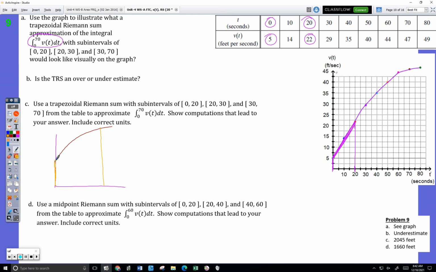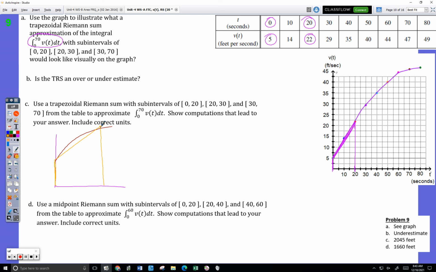Will my trapezoidal Riemann sum be an under or an overestimate? There we go. You can't see it here. So Spencer, which is it? It's an underestimate. Underestimate. How many you knew? 0.2%. And then, similarly, if you do a concave up function, now the trapezoidal Riemann sum will be an overestimate.